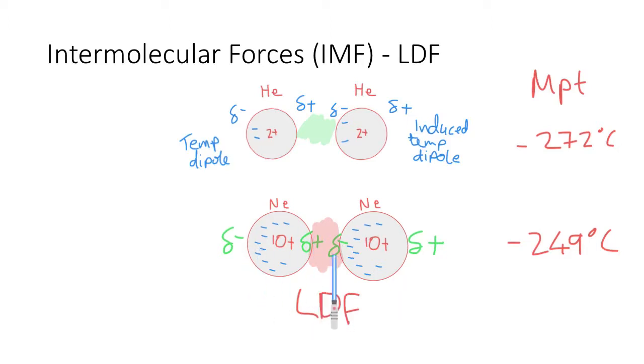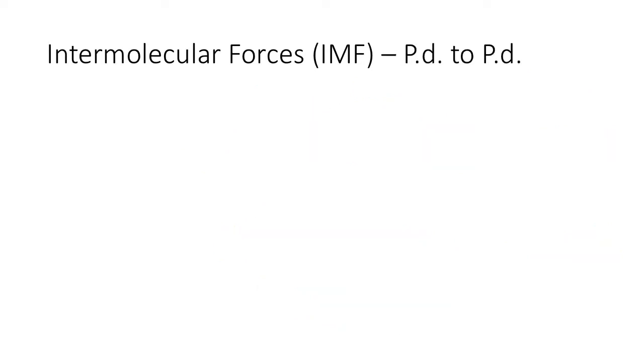Those electrons will not stay in that position. They're going to repel each other, they're always moving, and when they move, the force will be broken. And it doesn't take much energy to break the force. So London dispersion forces exist between all molecules and all monatomic elements.